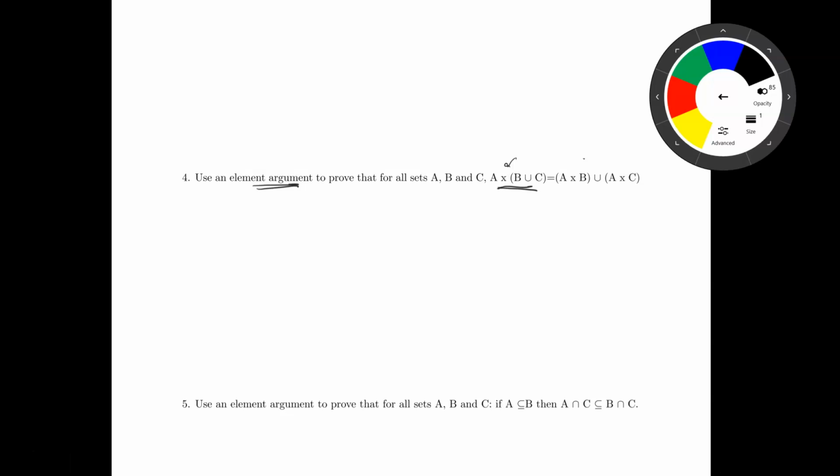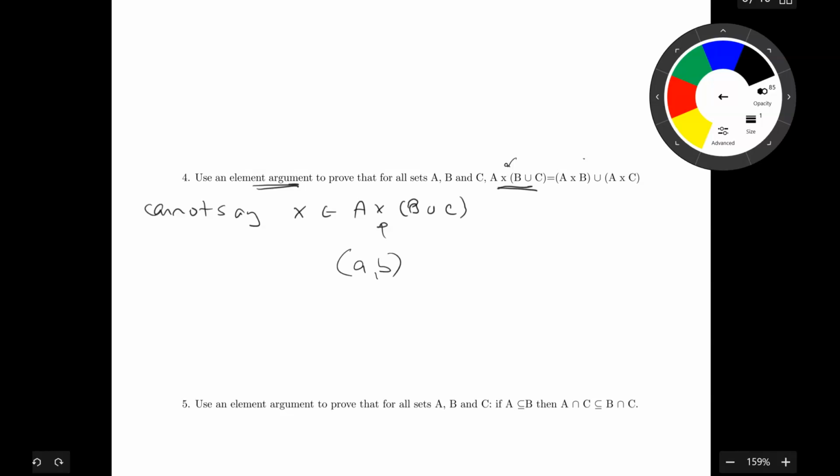If I've got an element on this side, you cannot say x is an element of A cross B union C. Let's think about why. This cross means that I have an ordered pair, so I can't choose an x. That'd be wildly wrong.